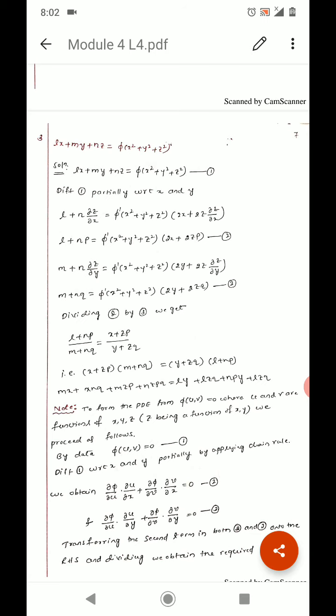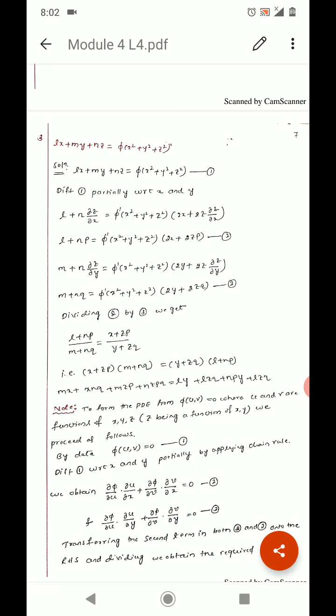Now differentiate with respect to y. So lx becomes 0. Differentiation of my is m, since y becomes 1, and nz, differentiation of z is del z by del y with respect to y, which is equal to phi dash of x square plus y square plus z square into differentiation of x square is 0 plus differentiation of y square is 2y plus again differentiation of z square with respect to y is 2z into del z by del y.